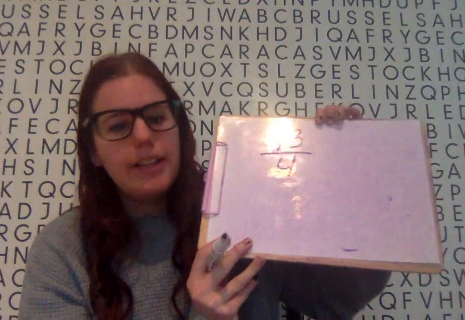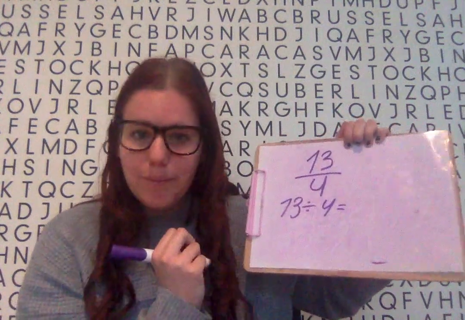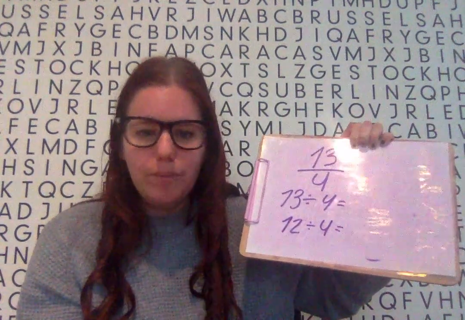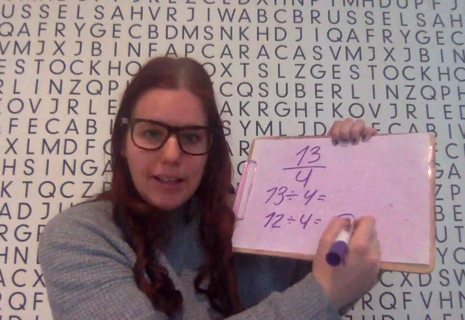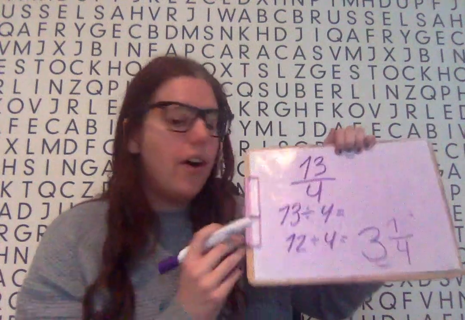All right, very good. Let's take a look for ourselves. We know we cannot do 13 divided by 4, but we can do 12 divided by 4. What do we get from 12 divided by 4? Exactly, we get 3. We have 1 left over out of our 4.